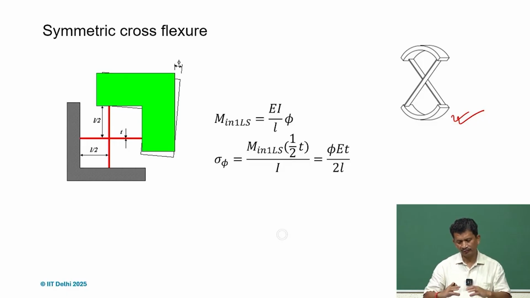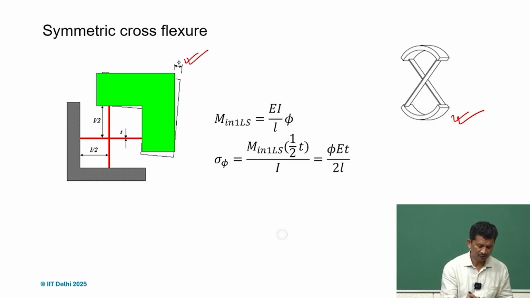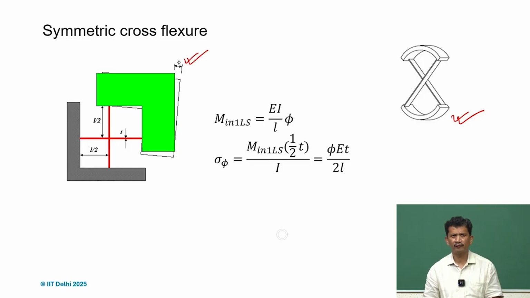What we realize is that when it deforms, the point P moves. Therefore it's very important to understand that we are looking for very small deflections phi. If we want to calculate the stiffnesses and the stresses, first consider just one leaf spring.